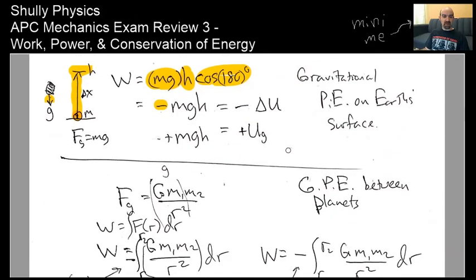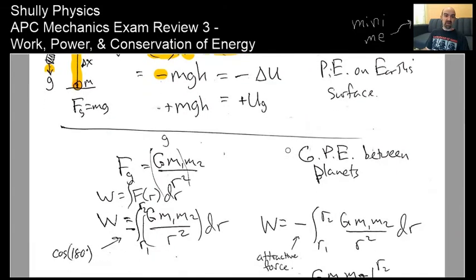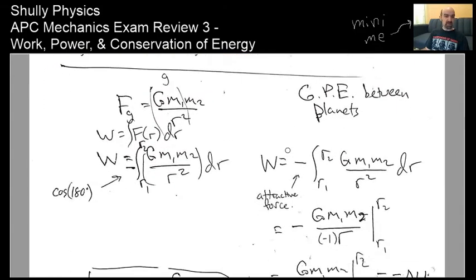So if we apply that to a couple of different forces, conservative forces, let's look at gravity from a universal perspective. We have two masses that are a set distance r apart, and we move them away or move them closer. If there's a starting r and a final r distance, notice there is a negative in here also because it's a conservative force. That's where the cosine 180 comes in.